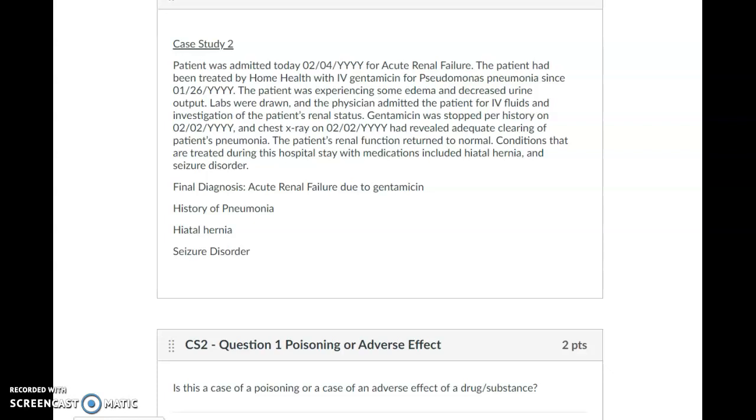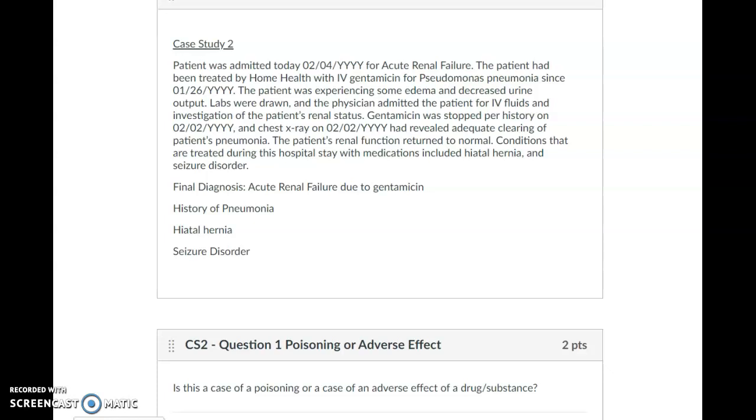Physician admitted the patient for IV fluids. Gentamicin was stopped per history. They did do a chest x-ray. It revealed adequate clearing of the patient's pneumonia. Patient's renal function returned to normal. Conditions that are being treated with this hospital stay include the hernia and seizure disorder.